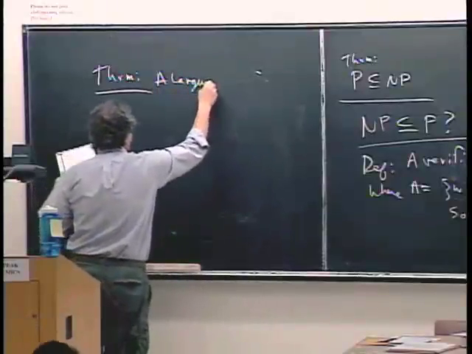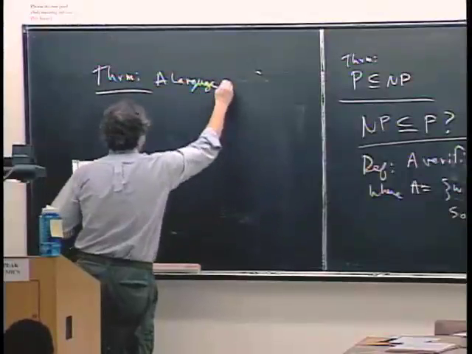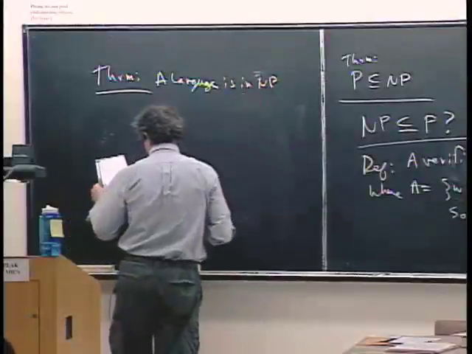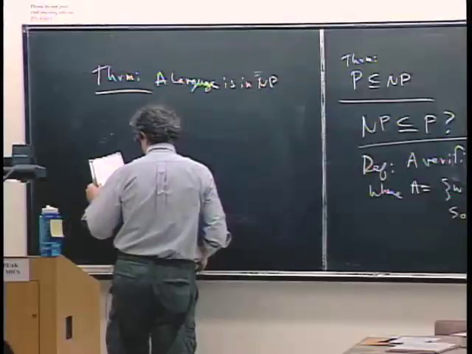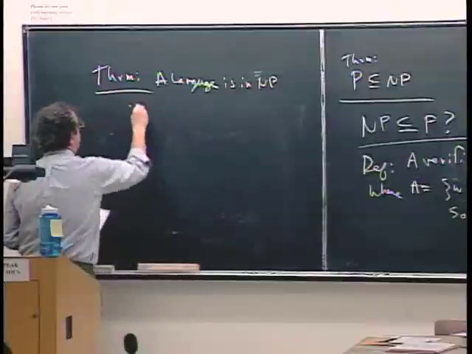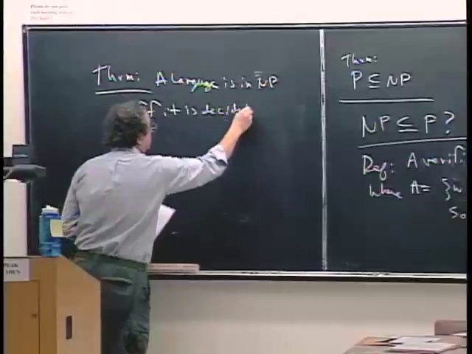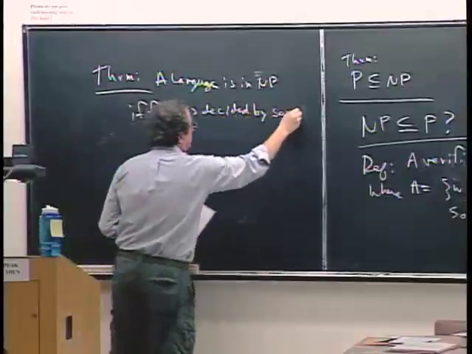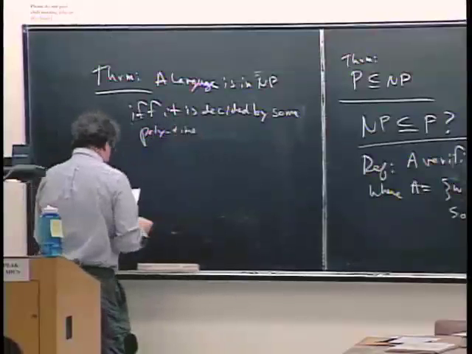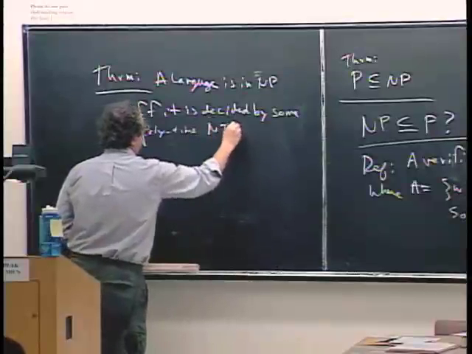A language is in NP if and only if it is decided by some polytime non-deterministic Turing machine.